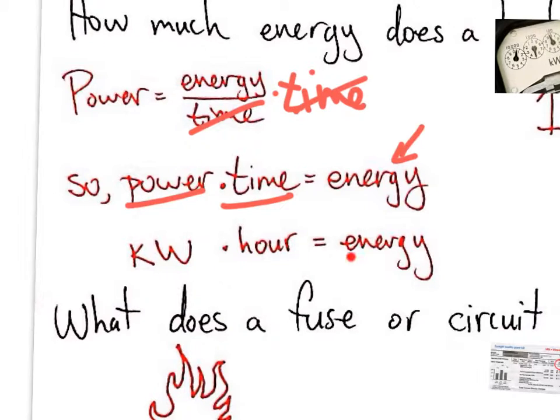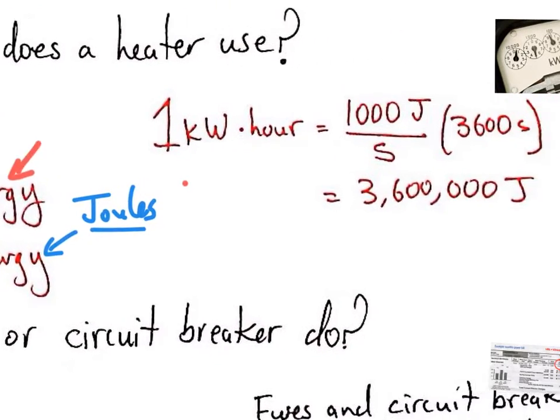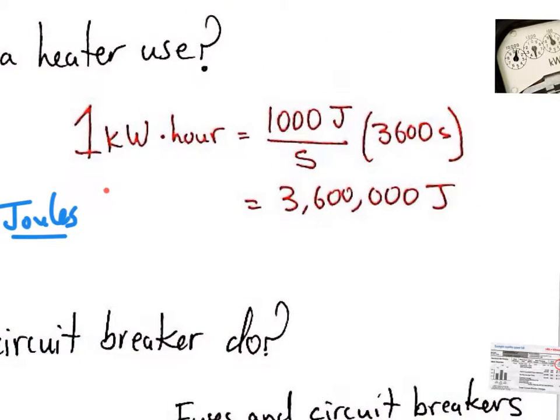So what is exactly a kilowatt hour? We know that energy is usually measured in joules, but a kilowatt hour is a bigger version of that. Just like when you measure the distance to New York, you don't measure it in centimeters. So right over here, 1 kilowatt hour, so a kilowatt is 1,000 watts, and a watt is a joule per second.